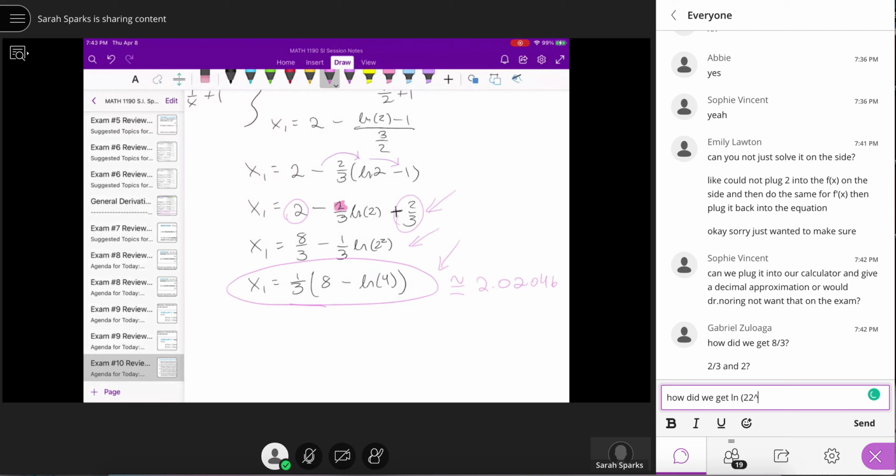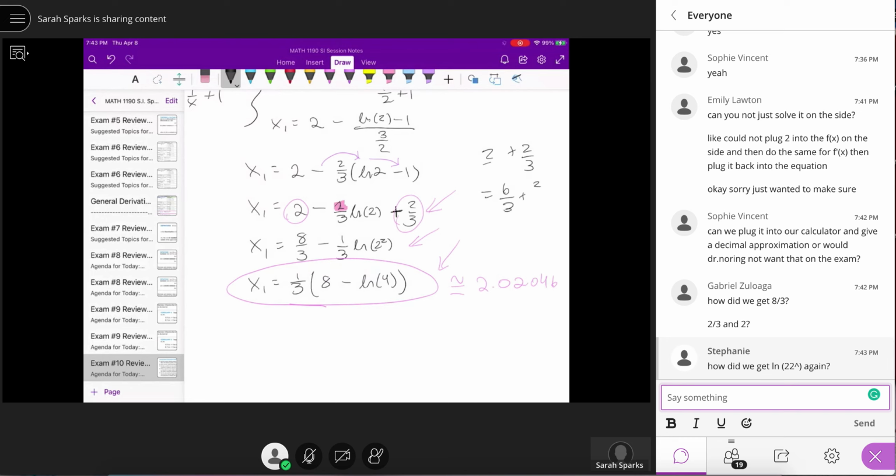And Gabriel, we got the 8/3 by adding 2 to 2/3, so 2 plus 2/3 is equal to 6/3 plus 2/3 is equal to 8/3. How did we get the 2 to the 2 again?